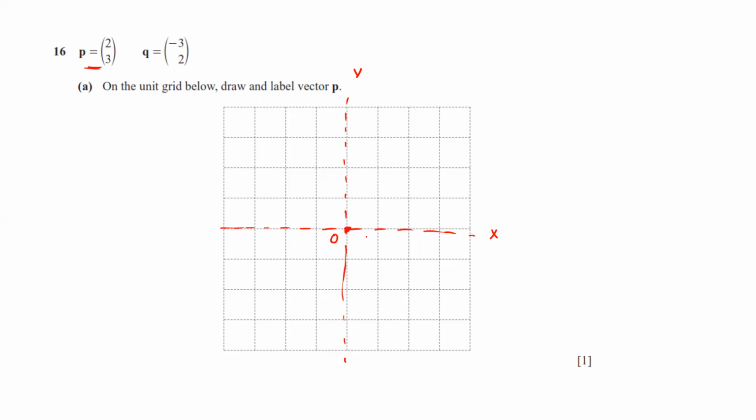On the X axis, you will be going to 2. On the Y axis, you will be going to 1, 2, and 3. So this will be the shape of your P vector, and make sure that you make an arrow like this and a hat over the P, and this is how you will be drawing a complete draw and label the vector P. So you'll be labeling this vector like this.